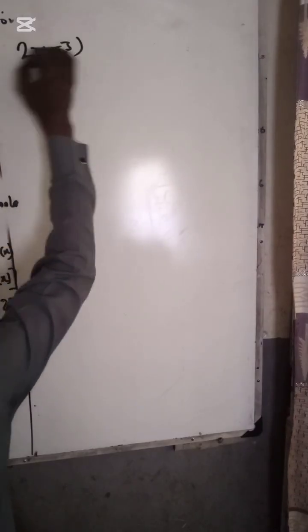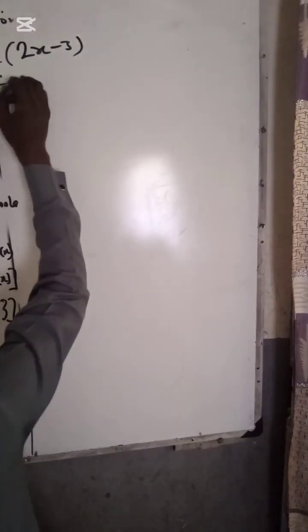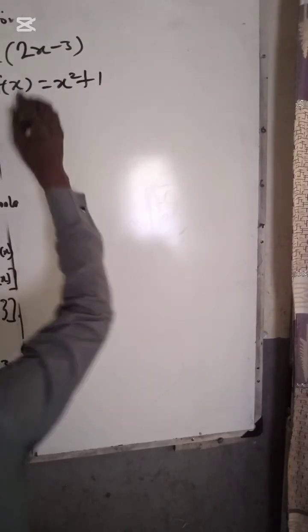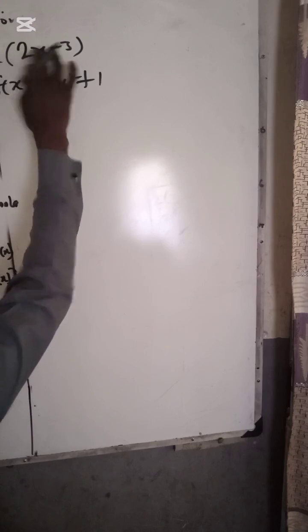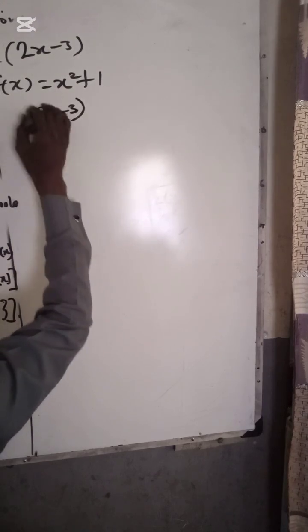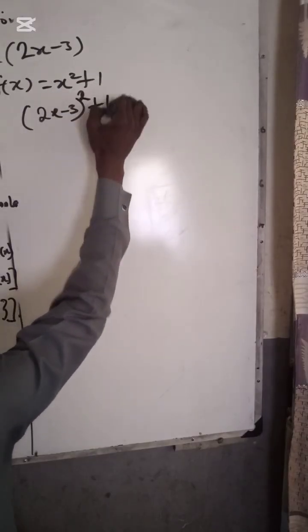Now, we have f of 2x minus 3, and we said f of x is equal to x squared plus 1. So anywhere we see x squared, we now replace it with this. So we have 2x minus 3, the whole thing squared, plus 1.